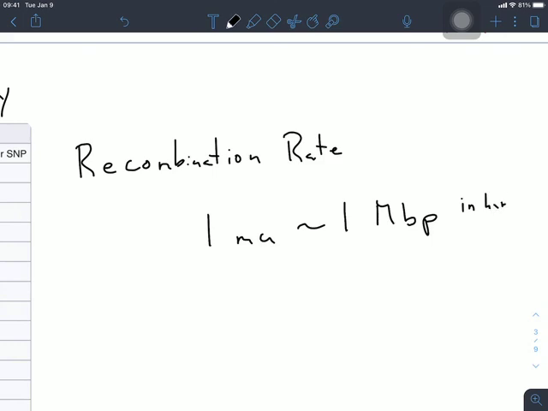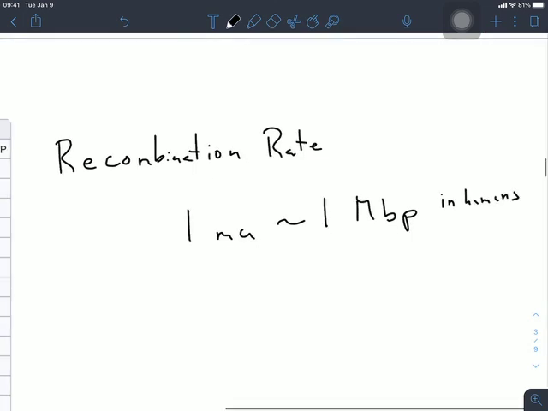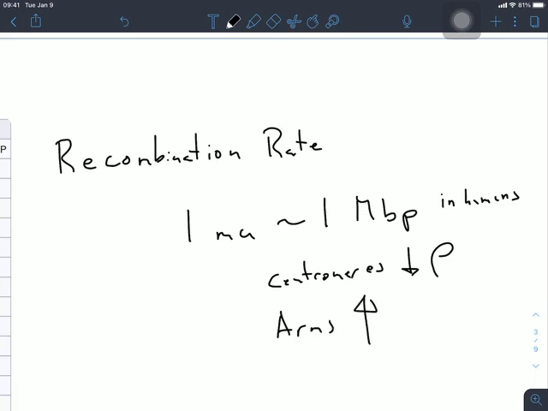This varies across different species, but it's about 1 to 1 million, so you get one recombination event per meiosis per every million bases that you travel across the genome. Now this varies drastically because centromeres have very low recombination. Oops, we'll just use rho, whereas the chromosome arms have very high recombination.